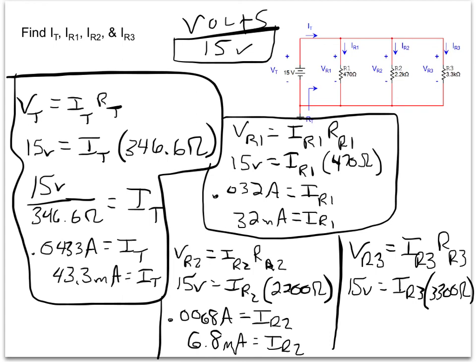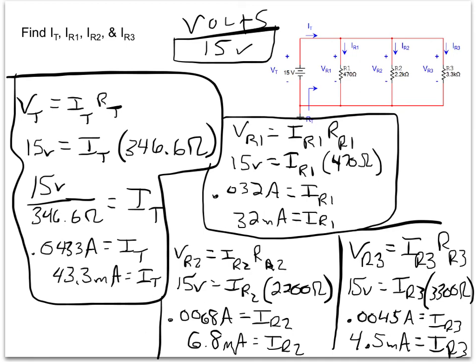Divide both sides by that to get I by itself, and you get 0.0045 amps, which is 4.5 milliamps. So we just found the current that goes through each component, and we found the total current.